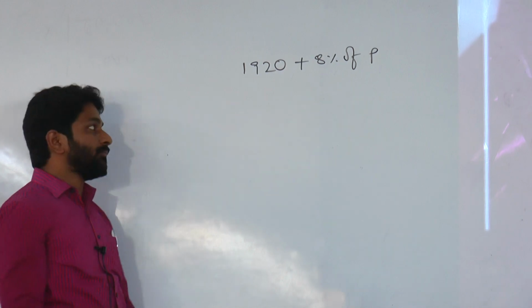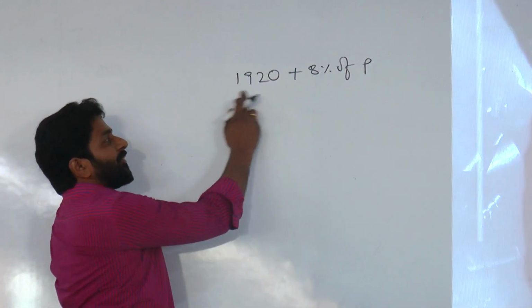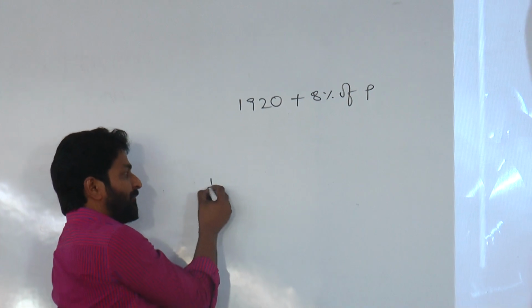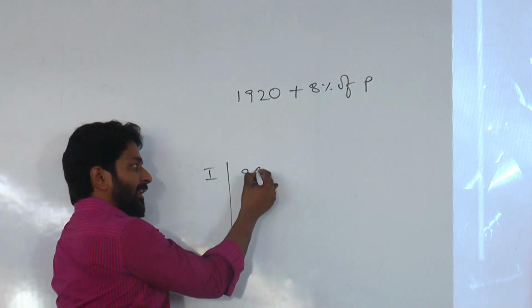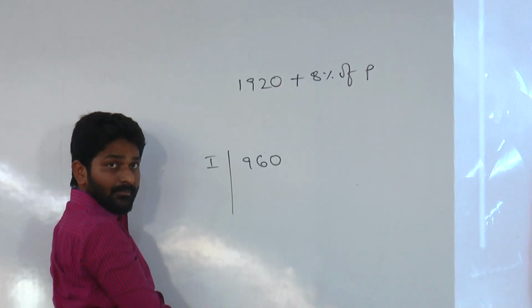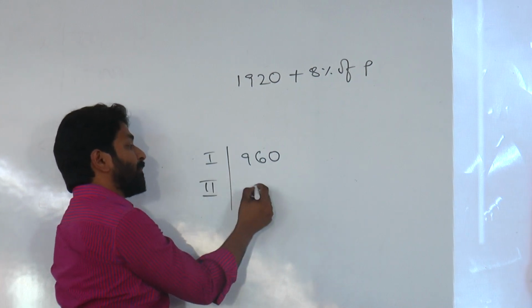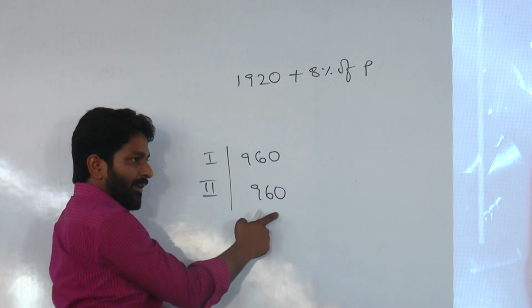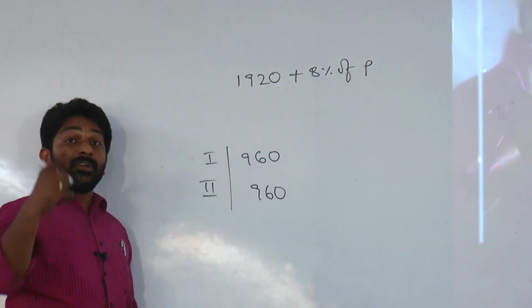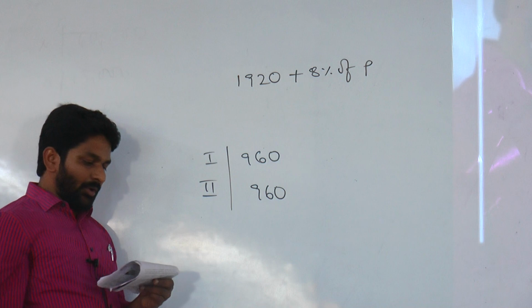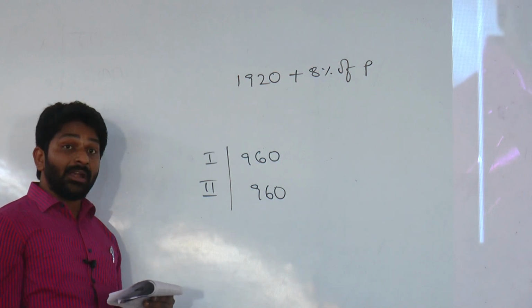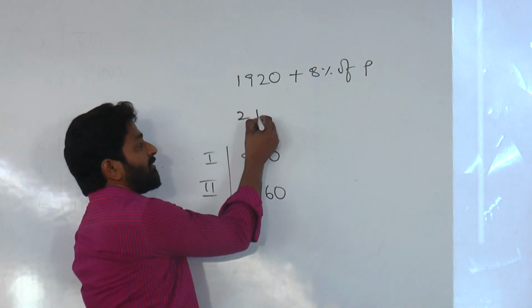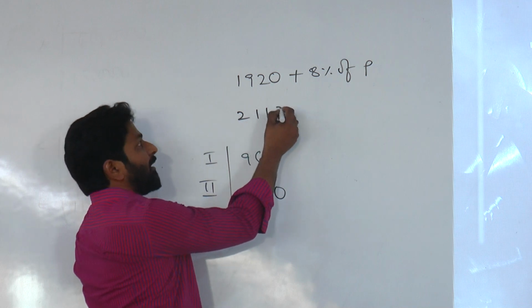Now, if simple interest for 2 years is 1920, the first year will be 960. The second year also 960. Total 1920. Agreed? How much compound interest do we have? 2112.